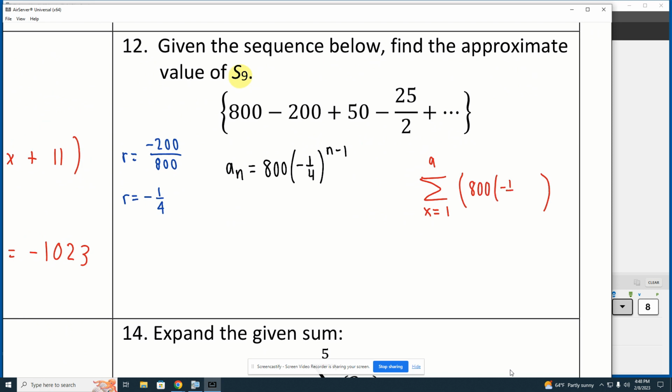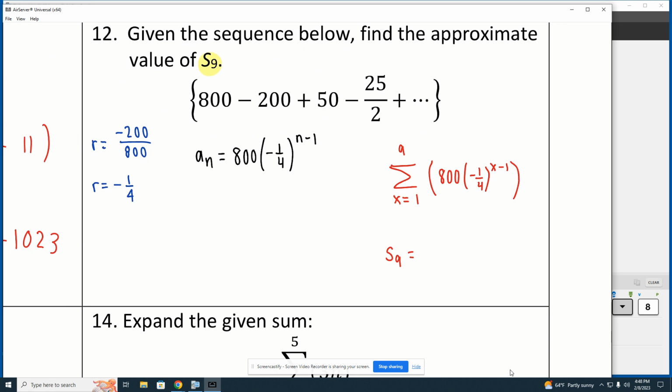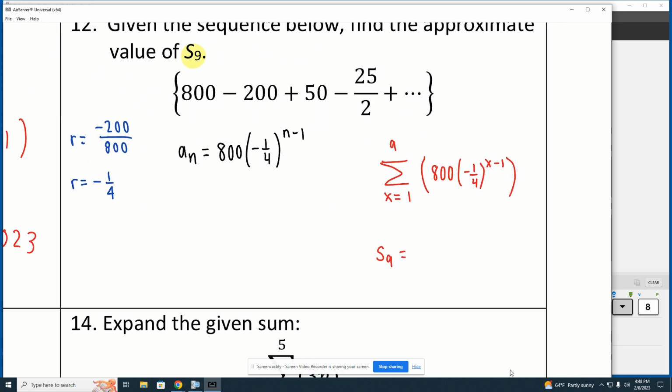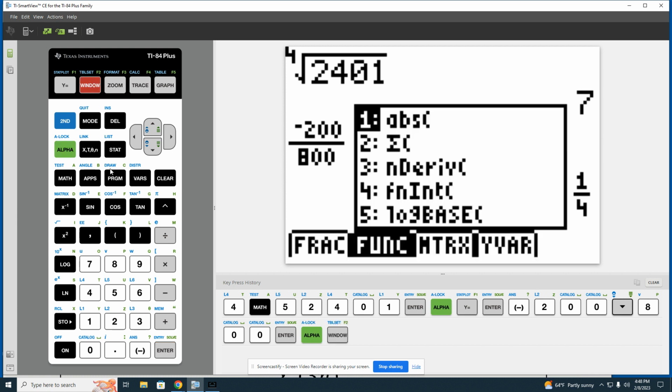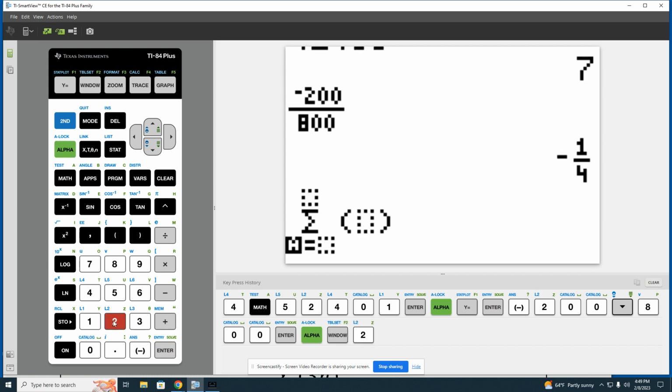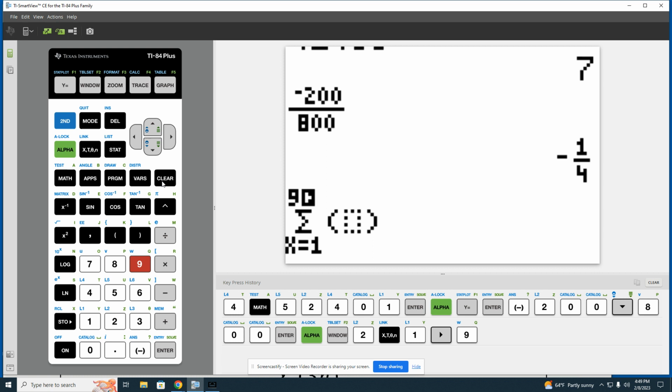So go type that in for me. I'm not going to tell you tomorrow where to type these in. Alpha window number 2. So that will find s sub 9. And I'm good with a couple of answers. I think I wrote, well, let me just type it in again. I've forgotten. I thought I had it written down, but I didn't. So alpha window number 2, x from the first to the 9th term for the equation 800.